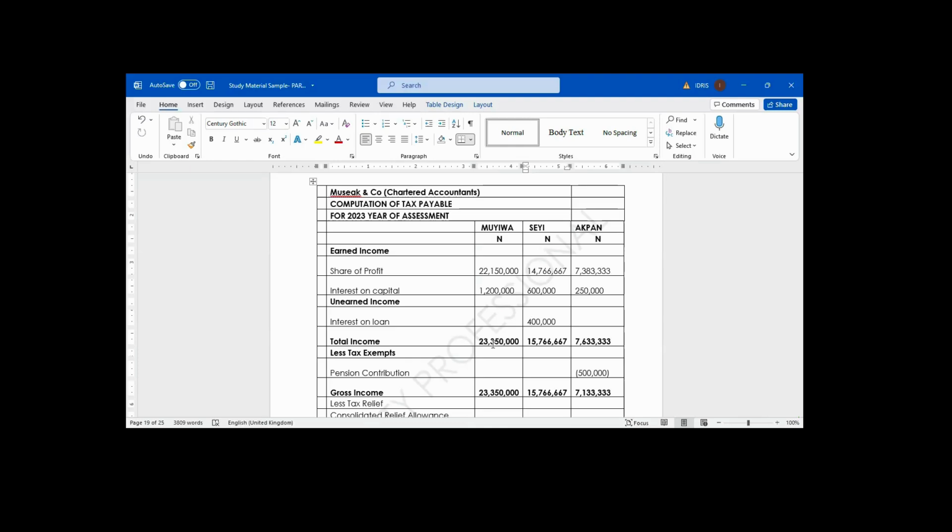In this question, does any of the partners have tax exempt? Examples of tax exempt: NHF, NHIS, life assurance, and pension.